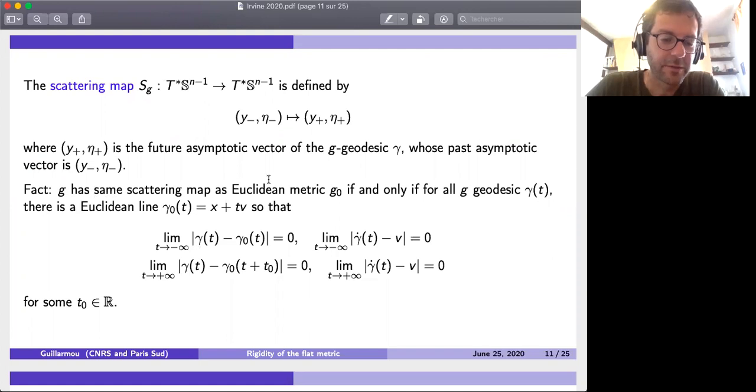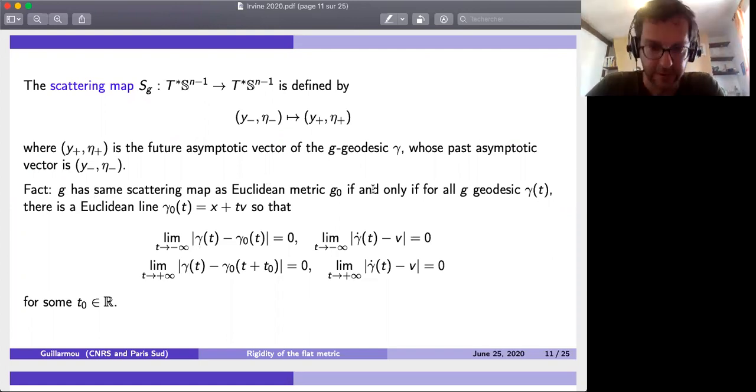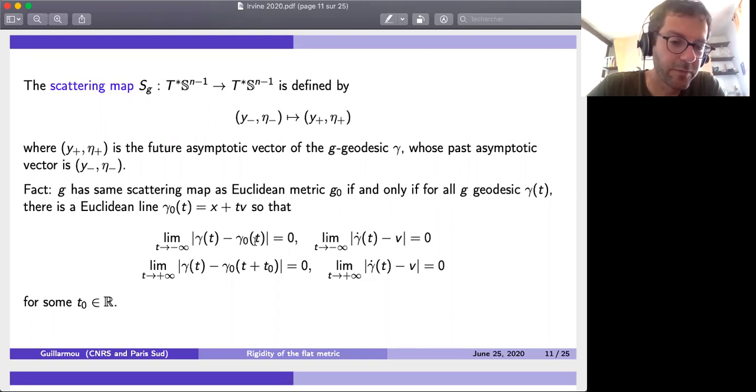Having the same scattering map as the Euclidean metric can be reformulated as follows. It's true if for all G geodesic gamma of t, there exists a Euclidean line, gamma 0 of t equal x plus tv, such that gamma of t approximates gamma 0 of t in the past.